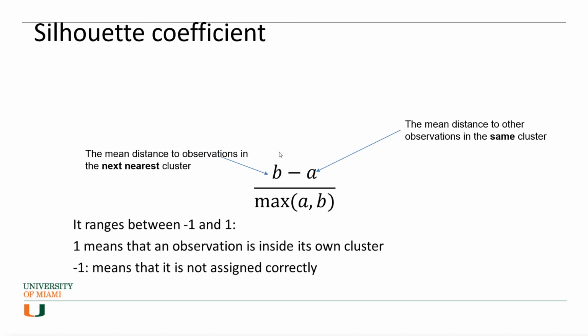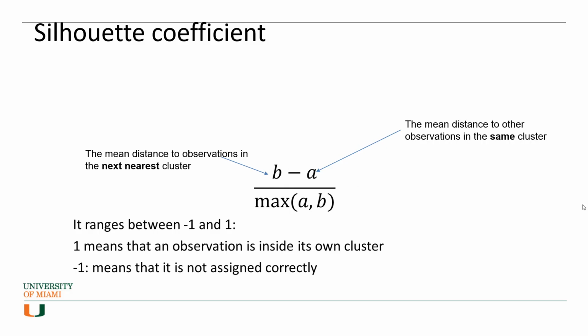So you take any observation in your data set, and you calculate the distance of that particular observation to all the other observations in the same cluster, okay? Take the average, that is going to be a. Then you take that observation and calculate its distance with every other observation in the next closest cluster. Take their average, that is going to be your b.